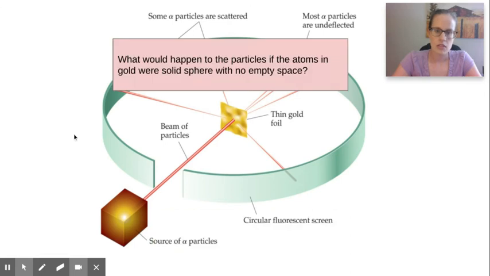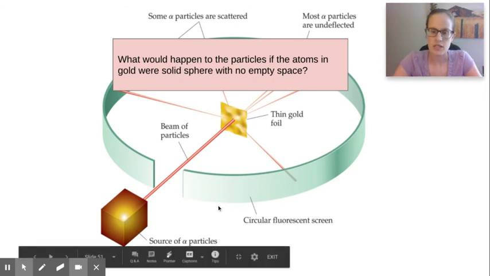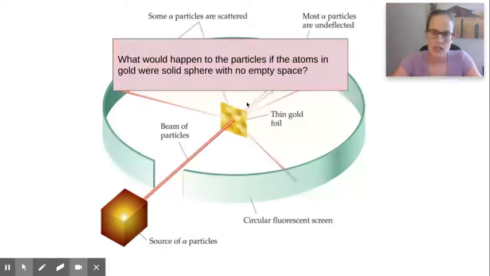And then around the outside of it, he has this zinc shield screen. It's fluorescent. So because it's fluorescent, when these alpha particles hit it, they make a little flash of light. So you can see if the particles are going to hit behind the gold foil, if they're going to go straight through it, if they're going to bounce off. He'll be able to see it because he looks for a flash of light on the screen.